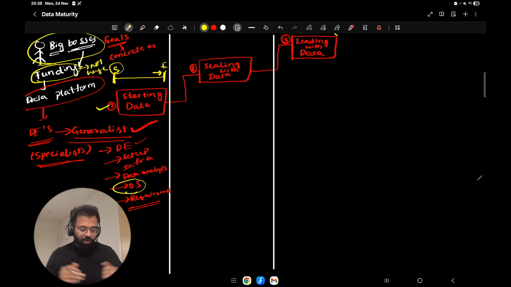So they will give away some money, and they will be expecting that you will show some results. That is the pressure you need to keep in mind. So this phase will have really strong deadlines. Otherwise, your data platform can fall off as an idea itself.